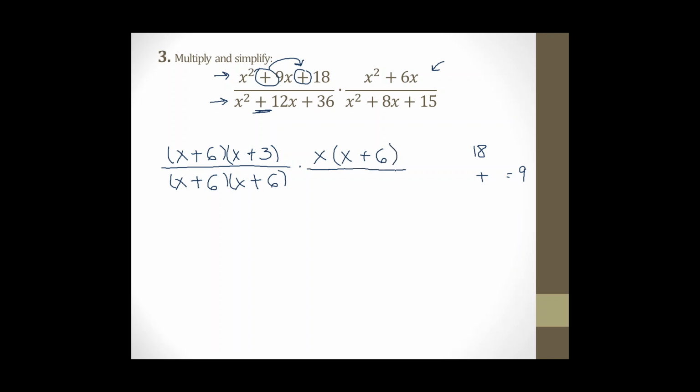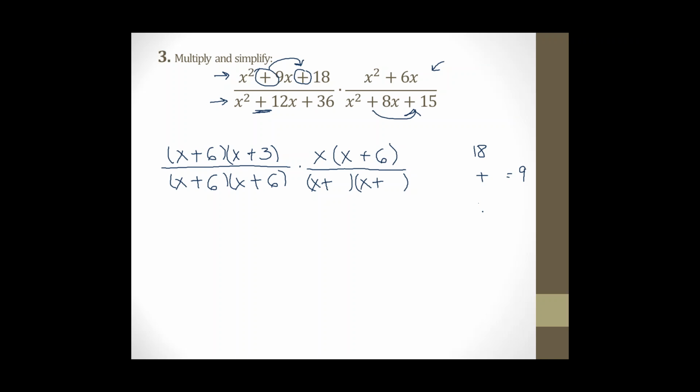So one more trinomial left to factor. And this again is a regular trinomial with a coefficient of 1. So I can just write my empty sets of parentheses, square root the first term, which is an x and an x, bring down my first sign, multiply the two signs together to give me the second sign, a positive times a positive. So I got a positive.